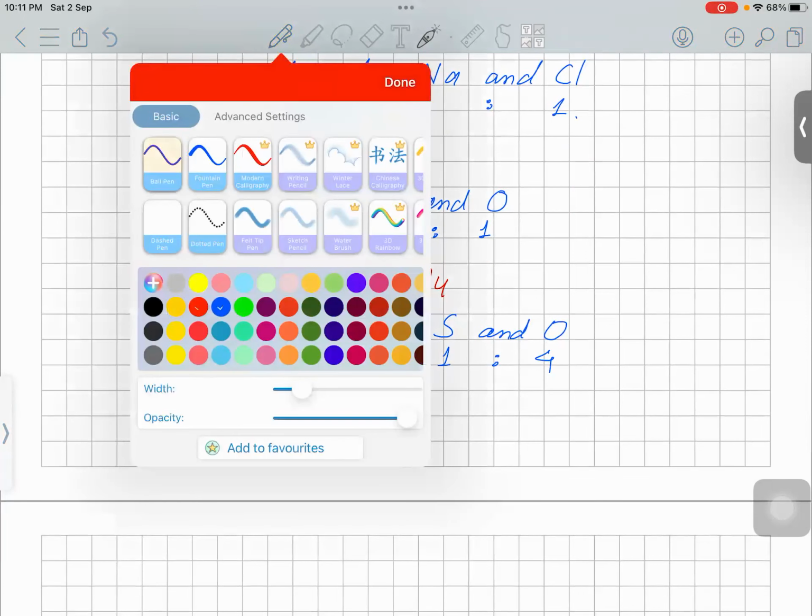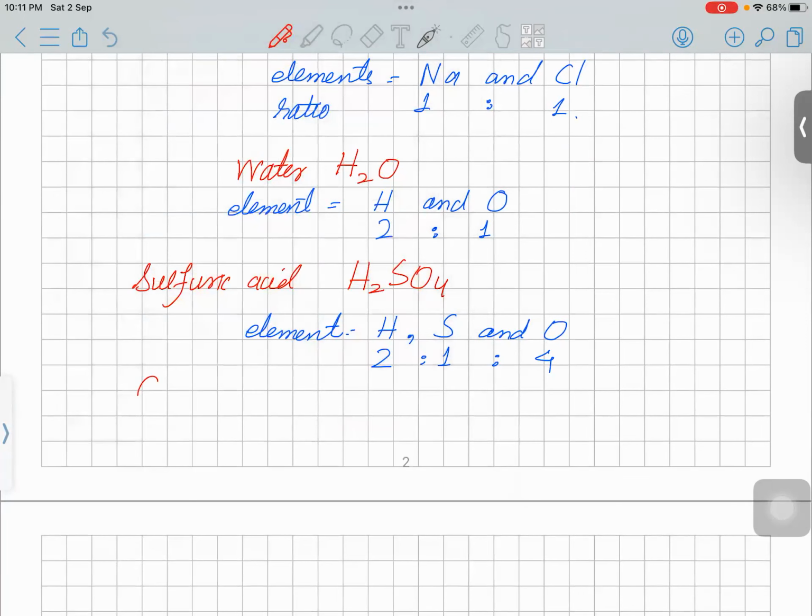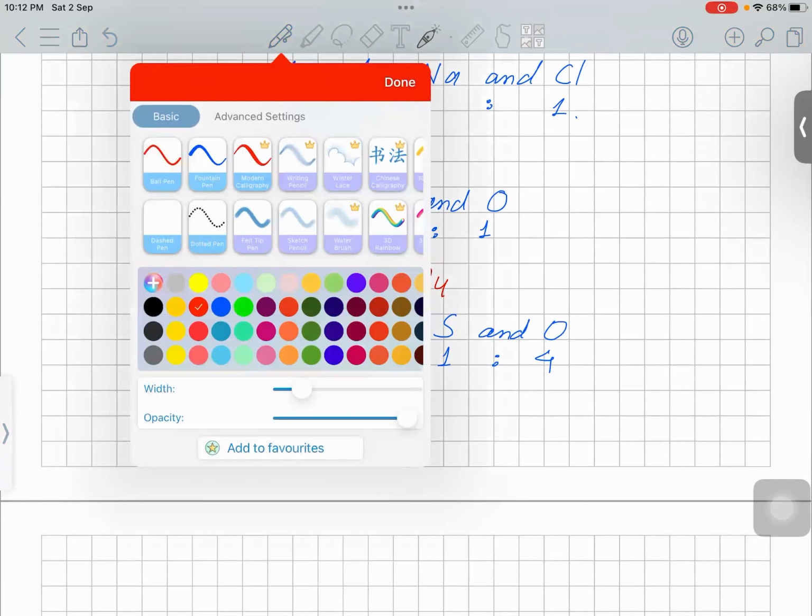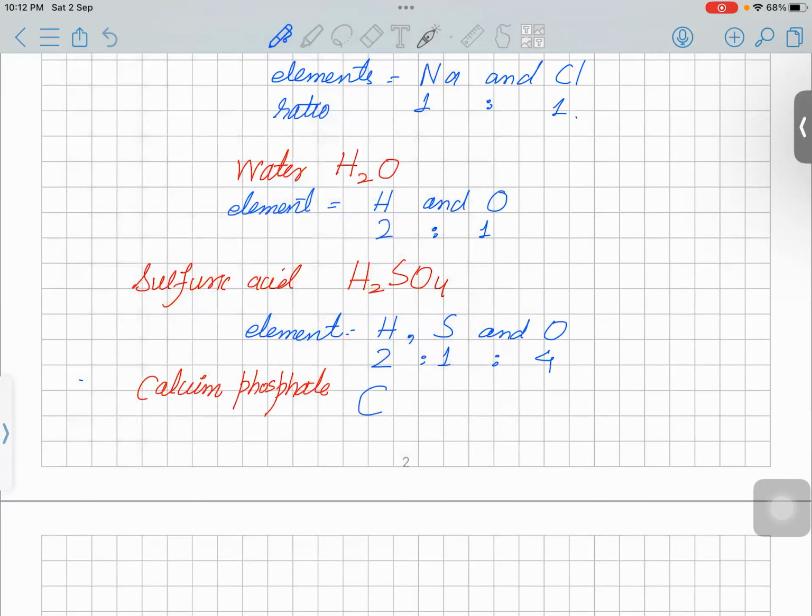Now the most difficult, calcium phosphate. Ca3(PO4)2.